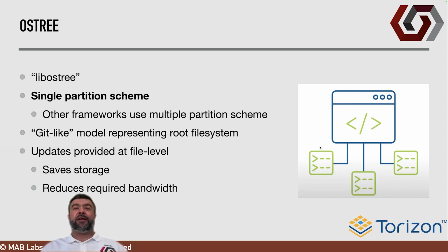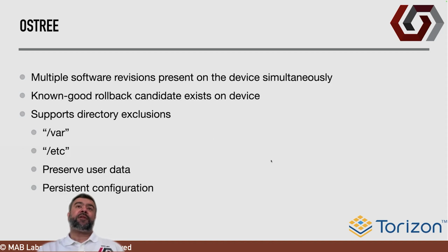Having updates captured at the file level tremendously reduces storage on your device, and it also reduces the bandwidth necessary, because you're only sending updates of individual files and not of entire partitions. It reduces the required bandwidth of the update mechanism significantly.